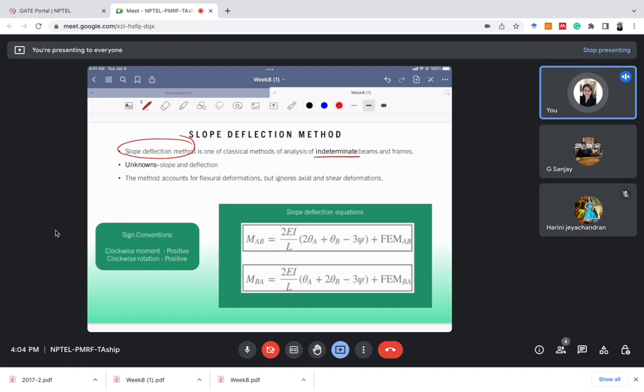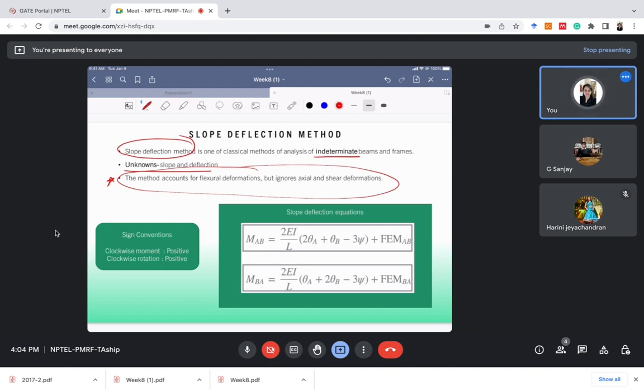The second point is, as the name suggests, the unknowns in this case are slope and deflection. This method accounts for flexural deformations but ignores the axial and shear deformations. This is also a very important point. Once a direct question came from this point in the engineering services examination.